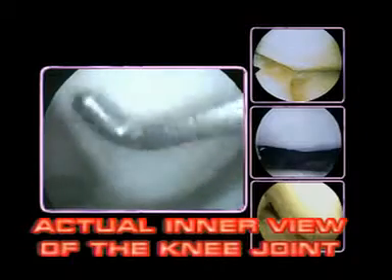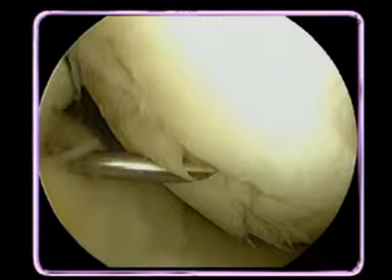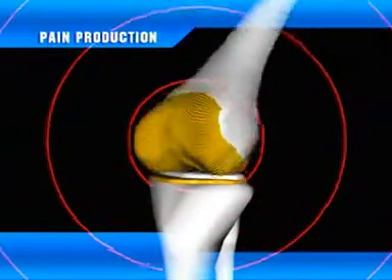In advanced arthritis, this smooth, nice, elastic cartilage gradually breaks down. As it breaks down, it exposes the raw, hard bone ends. As the bone ends rub on each other, they produce pain, fluid accumulation, and a lot of noisy crepitations.